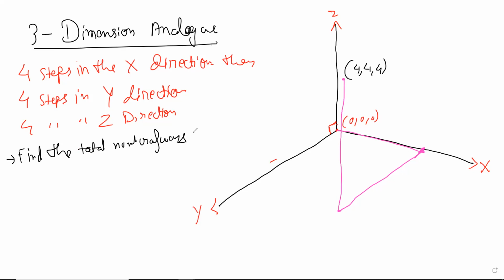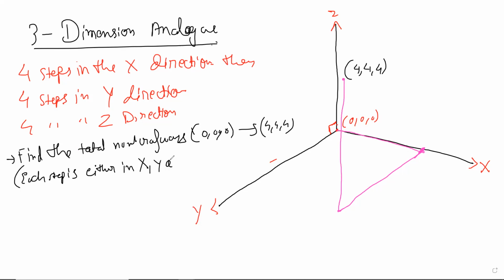From here, we want to go here. Obviously, each step is either in the X, Y, or Z direction, not any other. You can't walk diagonally.